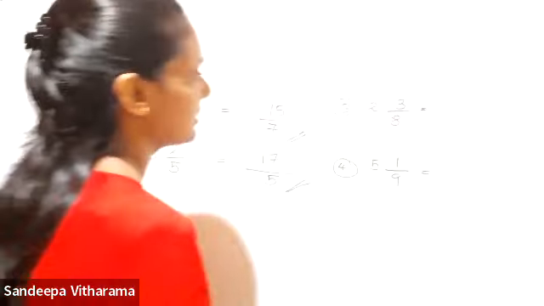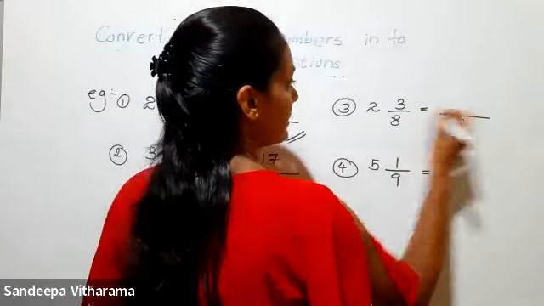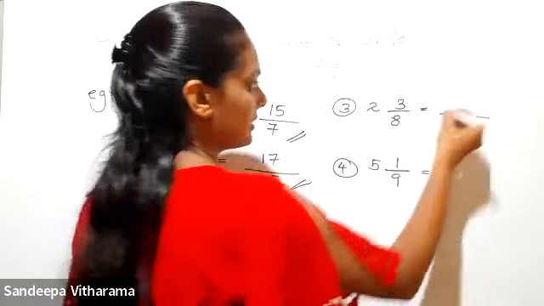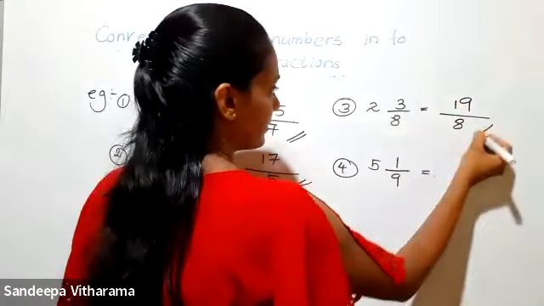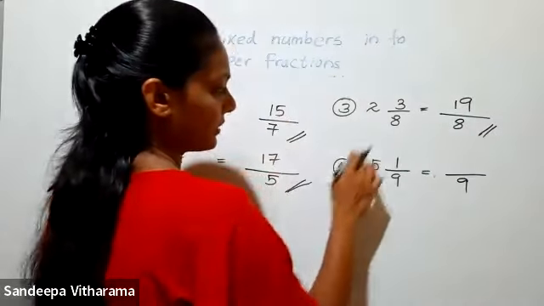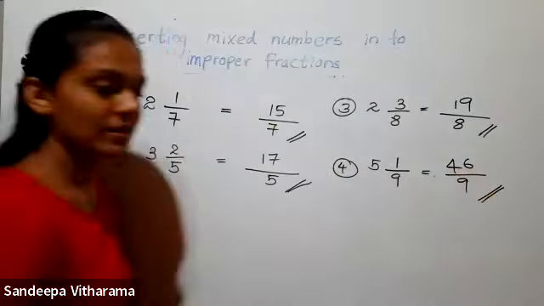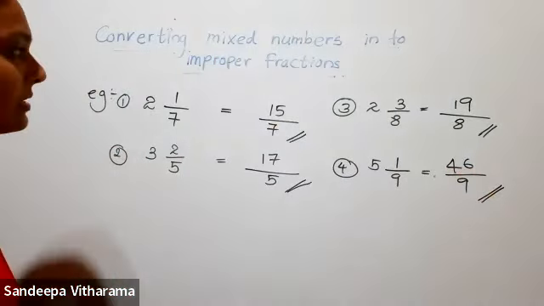Okay, what are the answers here? 8 into 2, it is 16. 16 added 3, it is 19. No? Here, 9 into 5, 45 plus 1, it is 46. Okay, these are the answers.